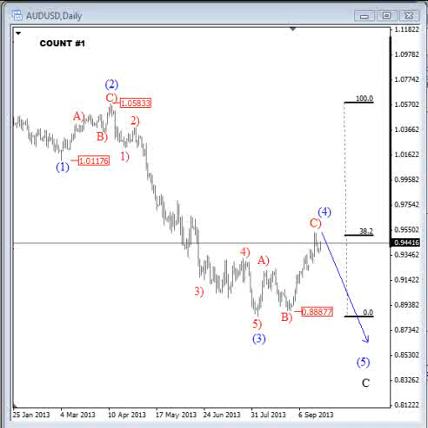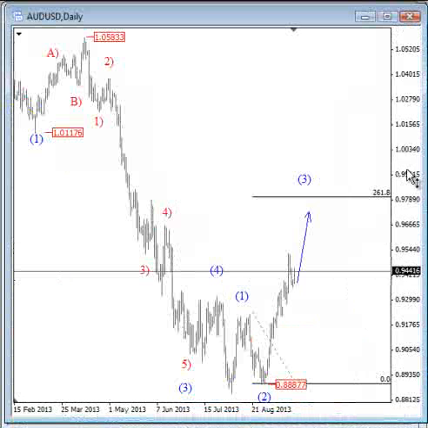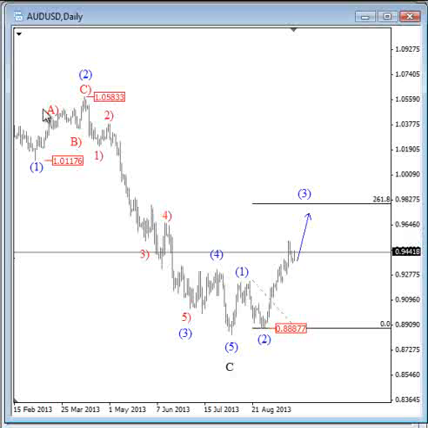So for this scenario I have prepared this wave count, which suggests that this was the low of this wave C and that we are now trading higher in wave 3 of a first larger impulsive structure, of a first larger 5 wave rally. If this is wave 3, then of course I want to see higher levels, because the typical Fibonacci ratio for wave 3 is the 261.8% extension of this wave 2.